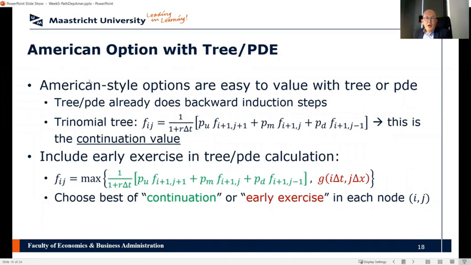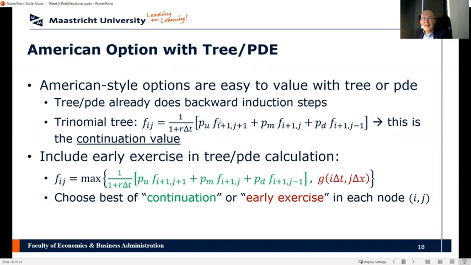So American style options are very easy to value with tree or partial differential equation type of solvers, because in a tree, you are already doing this backward induction in time. If you do a European option with a tree, you start at the final date to look at the payoff, and then you step backward until time t is equal to 0. And in a binomial or trinomial tree, you are literally computing this discounted payoff.